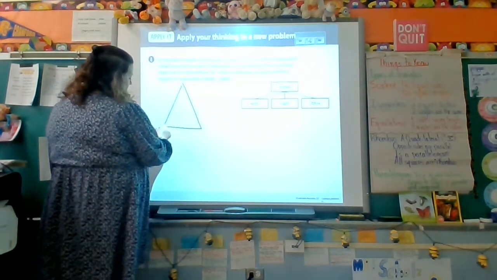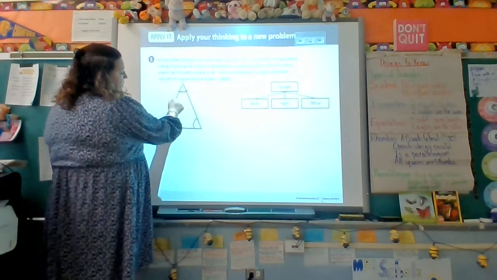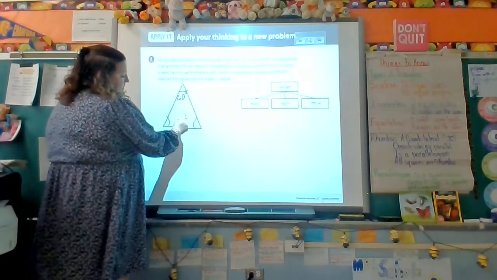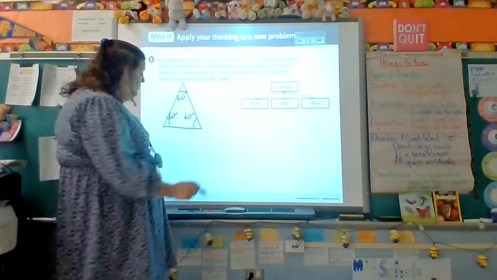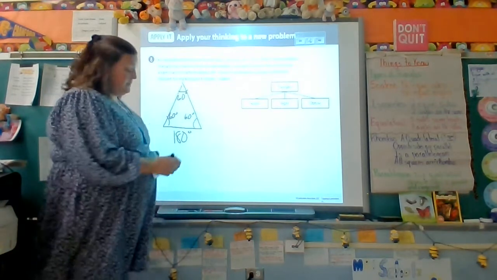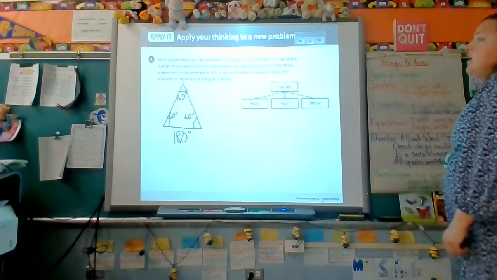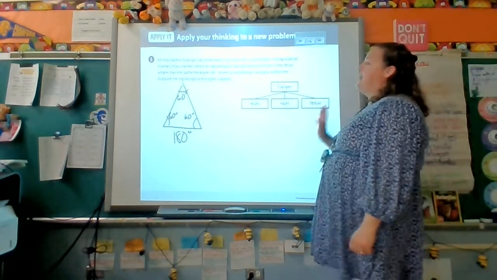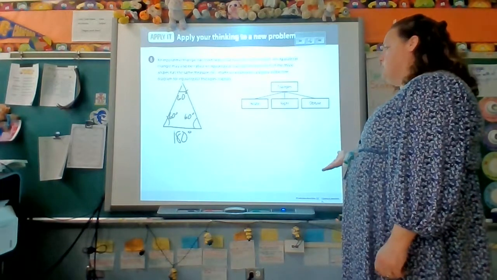The angle here, here, and here, they're all going to be 60 degrees. Because when we're doing angles in a triangle, all three equal 180 degrees. Always. So, they want us to come up with another category to show where an equiangular triangle would go.